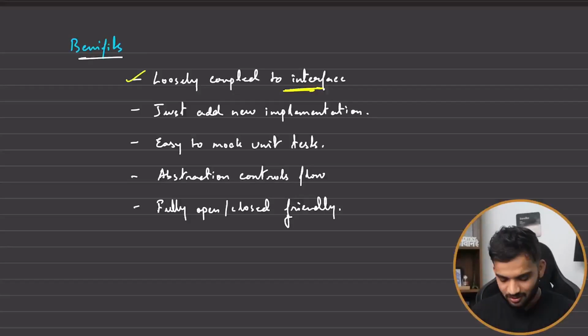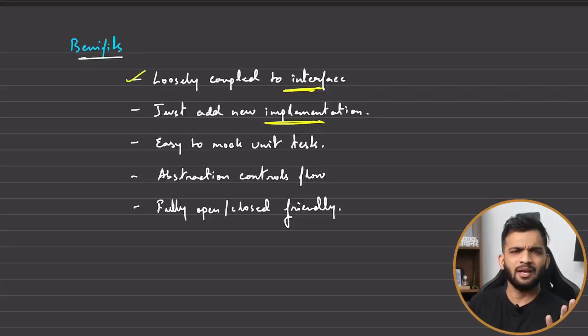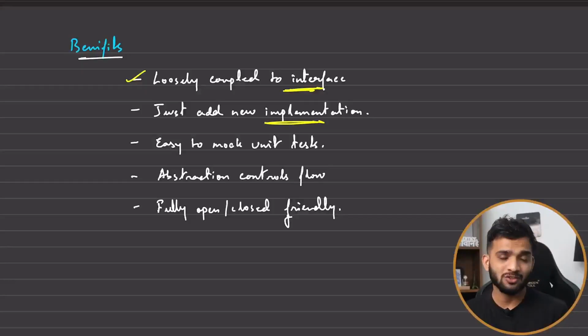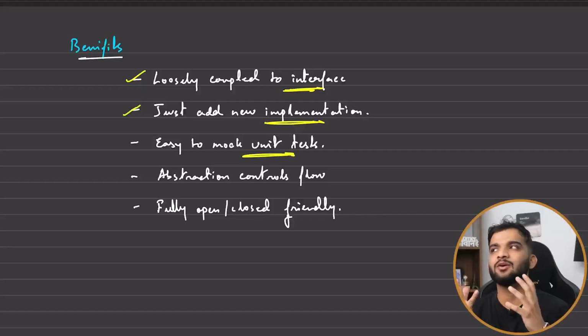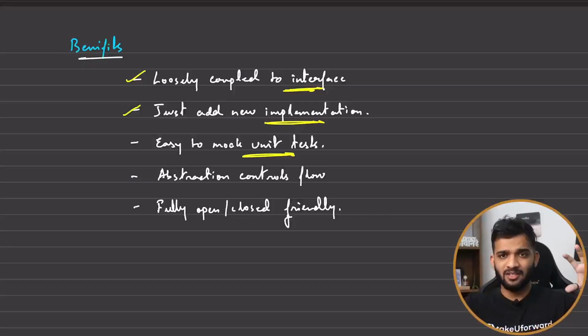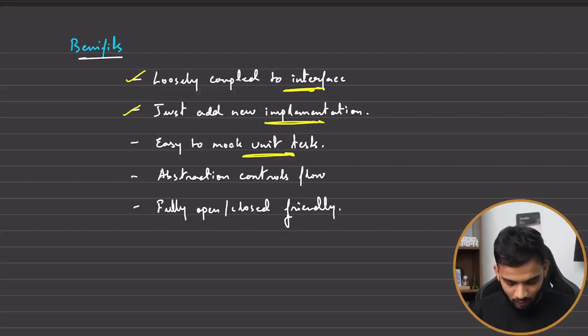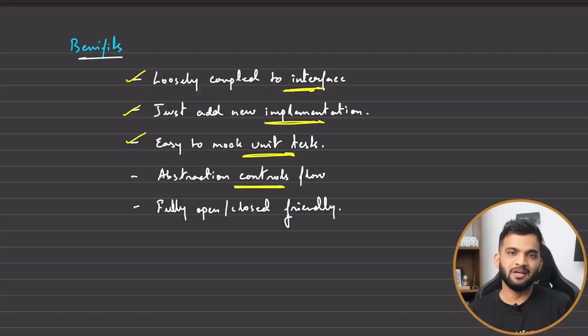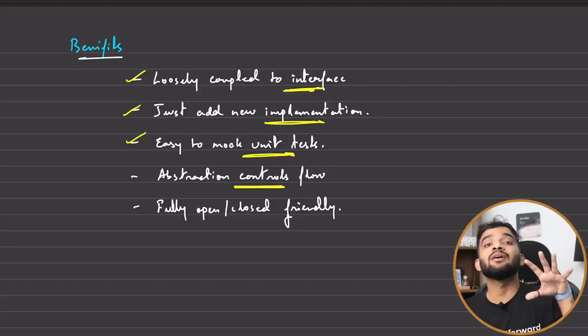Perfect. Next, just add new implementation. You want to add a new recommendation, you can add it and you can just change it wherever someone wants to use it. Easy to mock and unit test. Obviously, if the code is modular and everything is a separate entity, you can always easily test it. Abstraction controls flow, pretty understandable. No one is tightly coupled. Everything is controlled through abstraction.